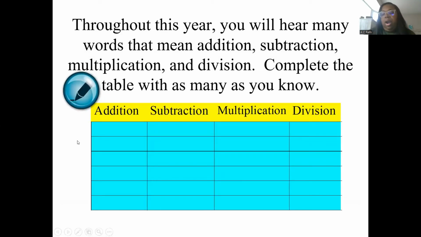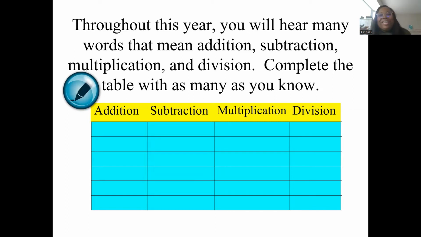So when you are doing translations of algebraic expressions, you have to have in your mind what words mean addition, subtraction, multiplication, and division. What are the words that will make you add? What are the words that will make you subtract, multiply, or divide?